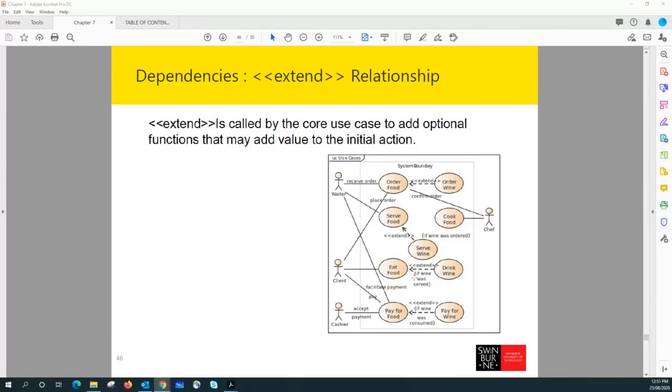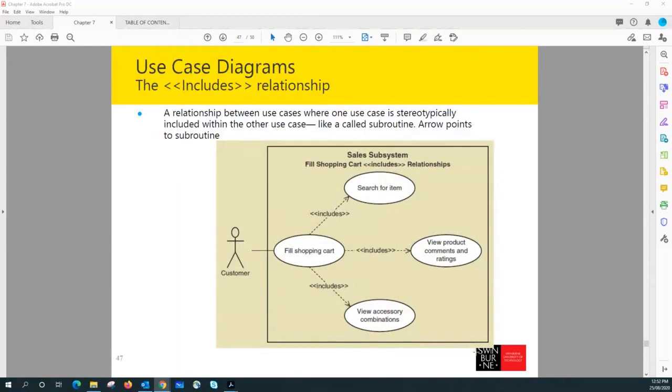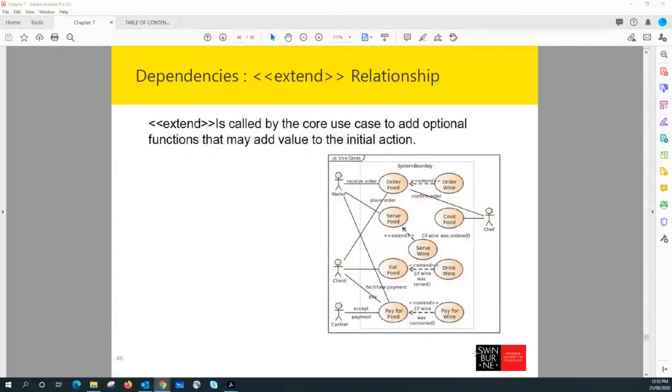That's something we can consider in the extend relationship. You can put some conditions like this. So these are the basic things you need to consider when you design your subsystem use case diagram.